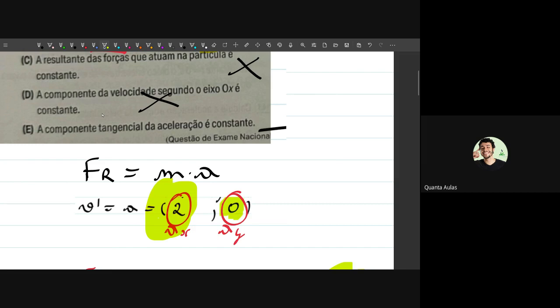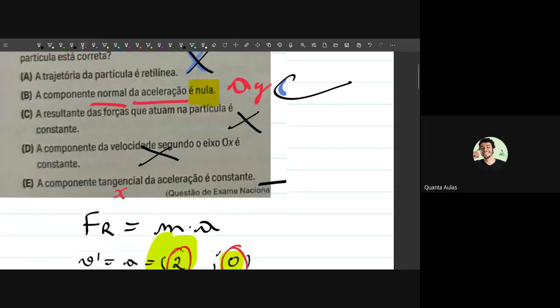Okay, so we have 2 components. The x-axis component is the tangential component. Tangential and x component is the same thing. The normal component is the y component. You can remember this.